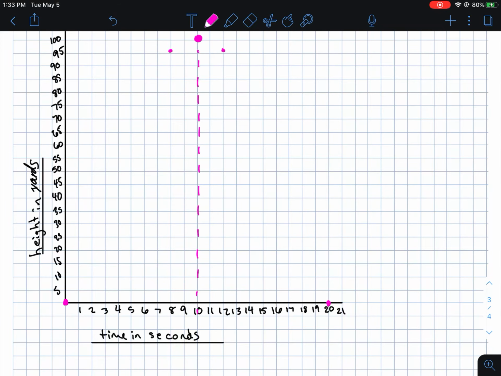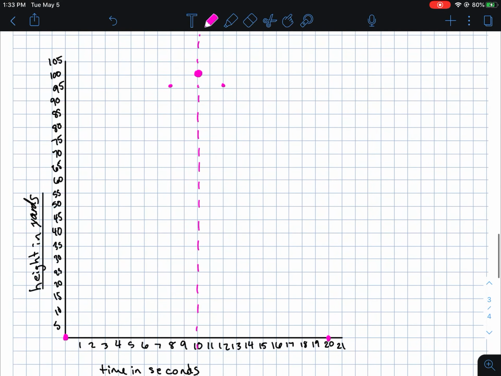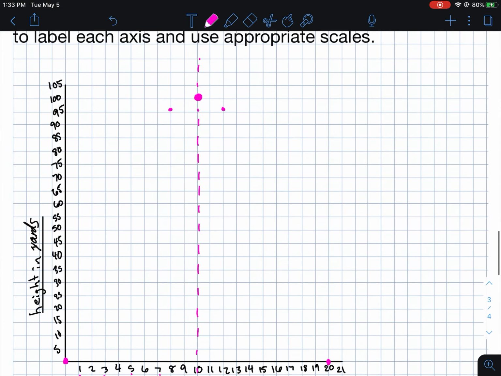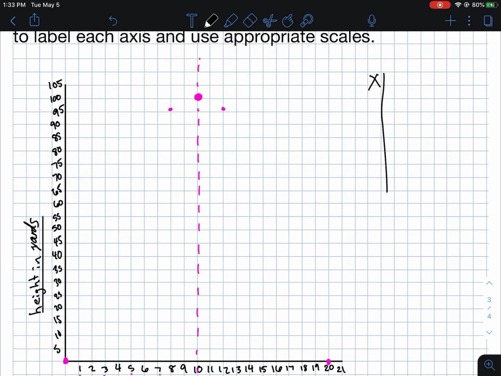All right. So again, I'm not going to do every single value that I possibly have, but I am going to do the values of 1, 3, 5, and 7, just so I can get a little bit better understanding as to what my graph is going to look like. And because of that, I'm going to also be able to determine other values on the other side of my axis of symmetry.